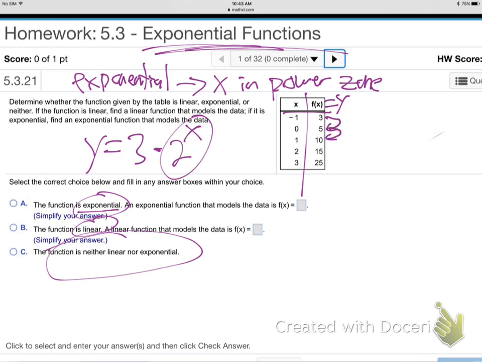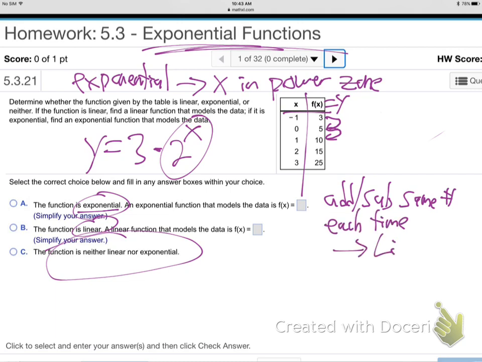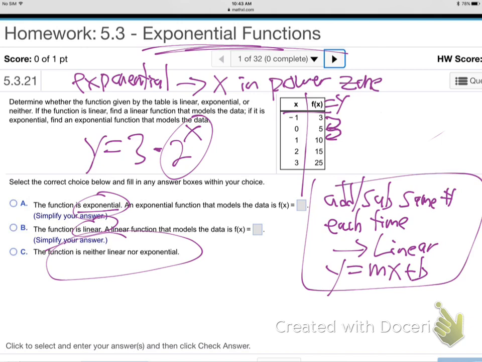Are they adding or subtracting the same number each time? If they're doing that, then it's linear, meaning it's y equals mx plus b. That's the first thing.